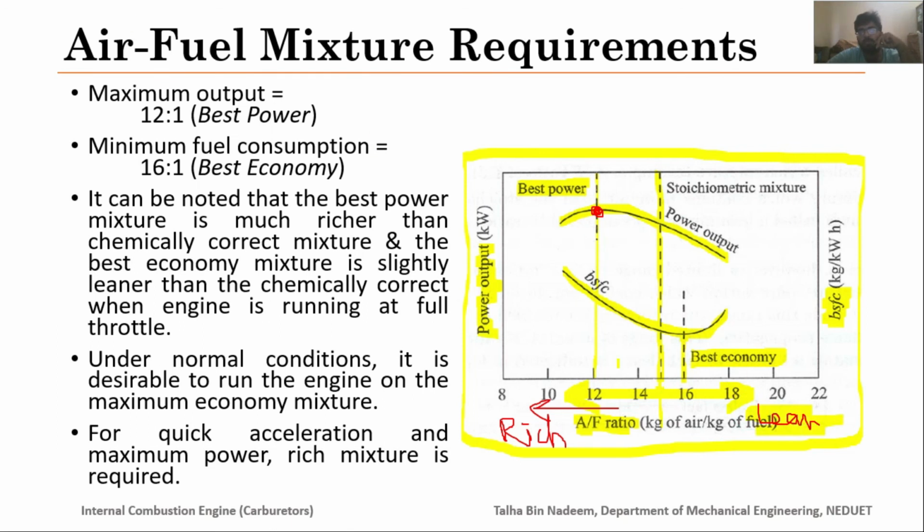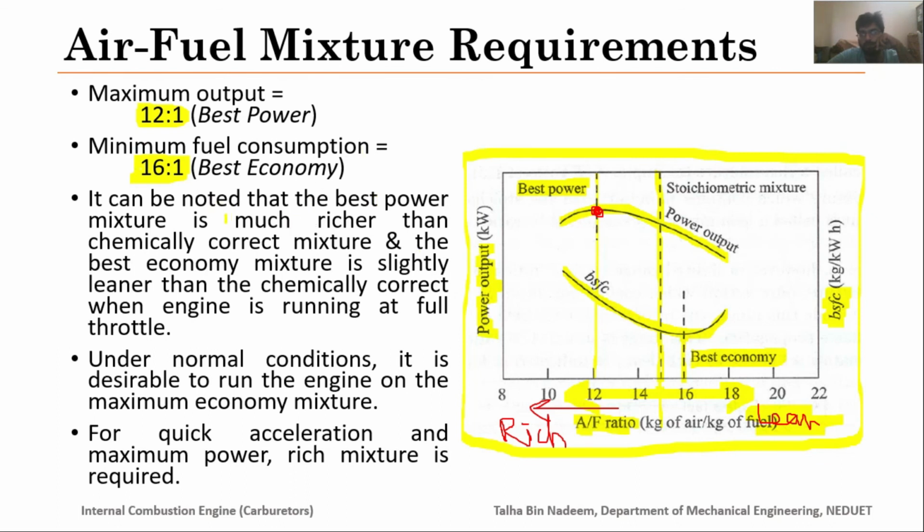So from these graphs we can simply conclude that maximum output is when the air-fuel ratio is 12:1, means for one molecule of fuel we were sending 12 molecules of air, and at this point we are getting the best power. Next, for the minimum fuel consumption or for the best economy, the air-fuel ratio should be 16:1, means 16 molecules of air should be sent for one molecule of fuel.